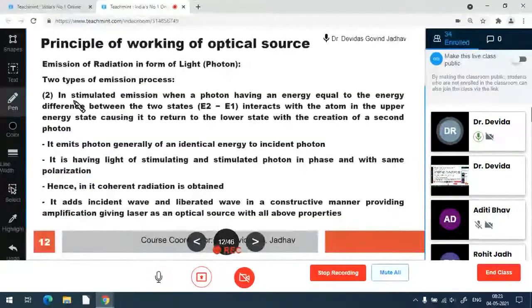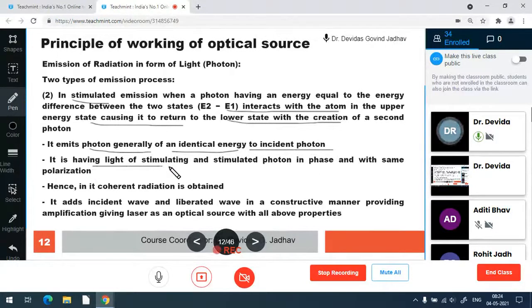In stimulated emission, whenever the atom is in the higher energy state and a photon equal to the band gap energy, that is higher minus lower energy state, interacts with that atom, the photon causes it to return to the lower energy state with the creation of one photon. It emits a photon generally identical to the energy of the incident photon.